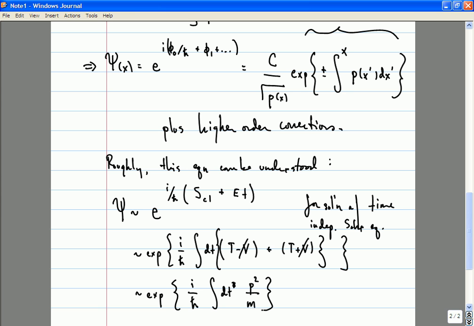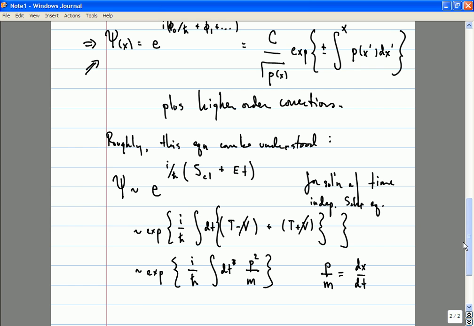And if we wish to compare this to our above expression for the WKB approximation, we can remember that p over m is the velocity dx over dt, so that one can change the variables in this integration and write this not as a t integral, but an x integral. So this would be the integral of p dx.